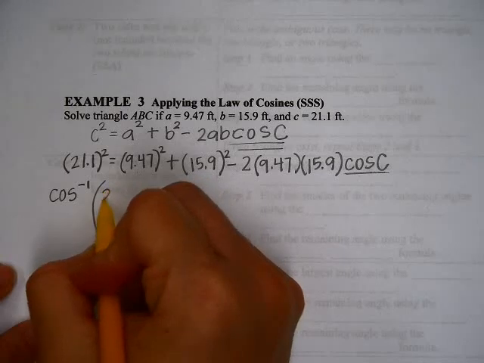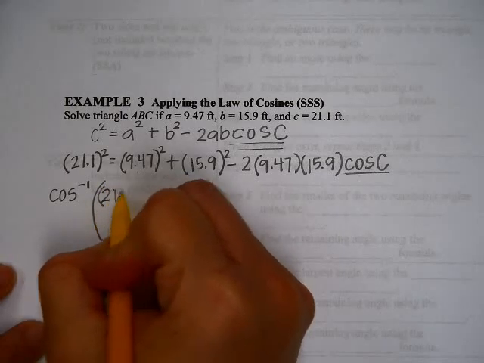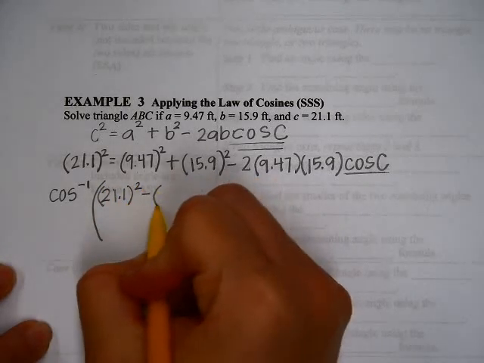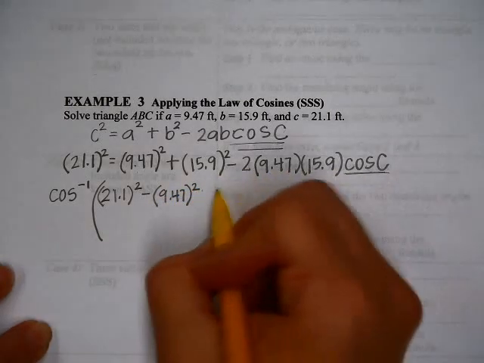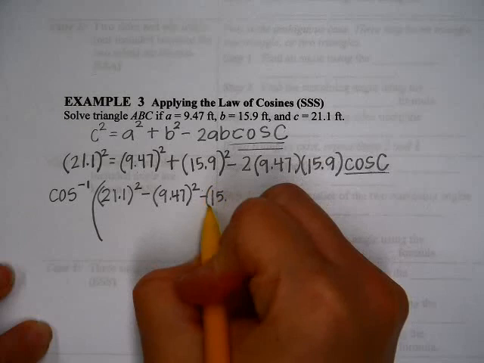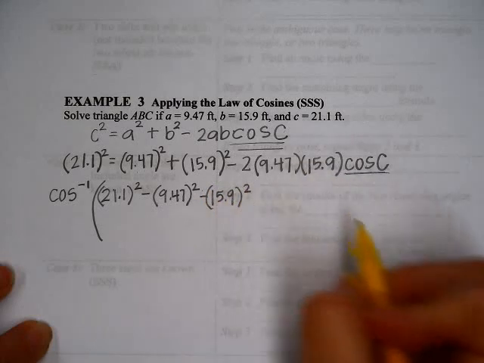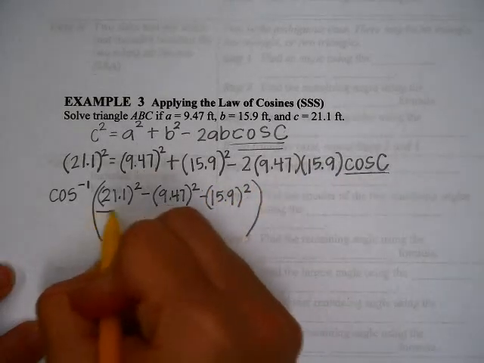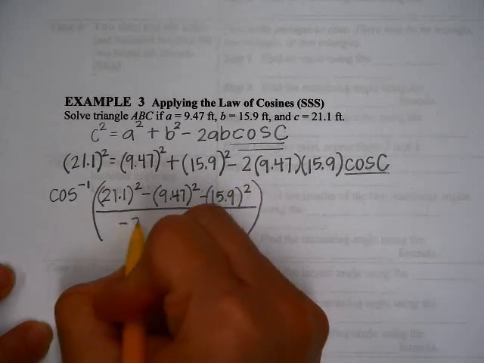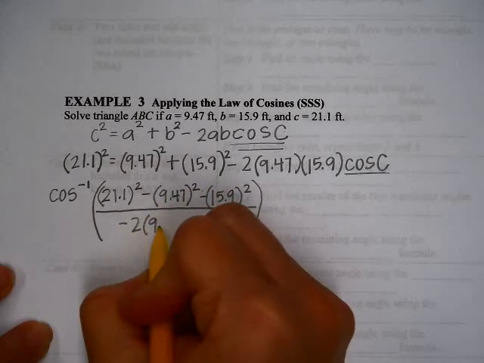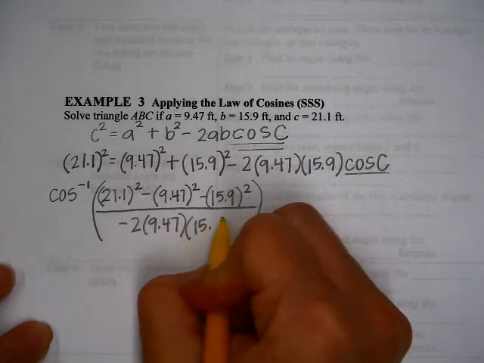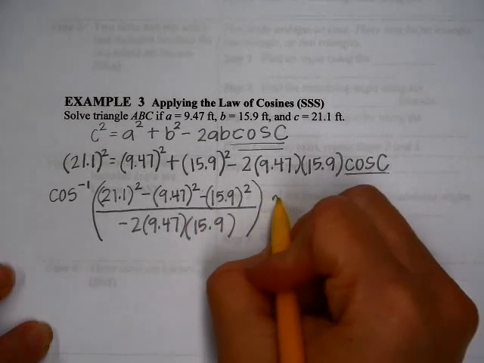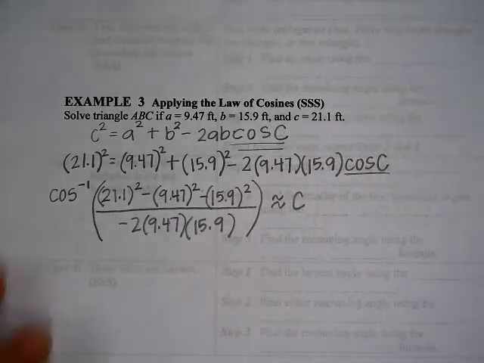So this is going to look like 21.1 squared minus 9.47 squared minus 15.9 squared all over negative 2 times 9.47 times 15.9, and that is going to give you big C.